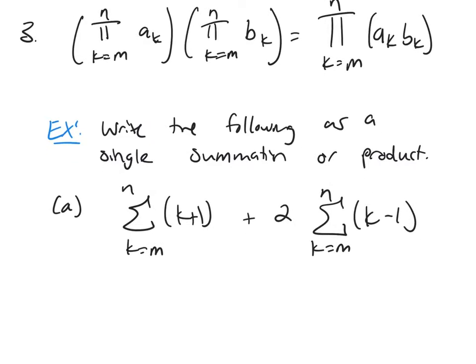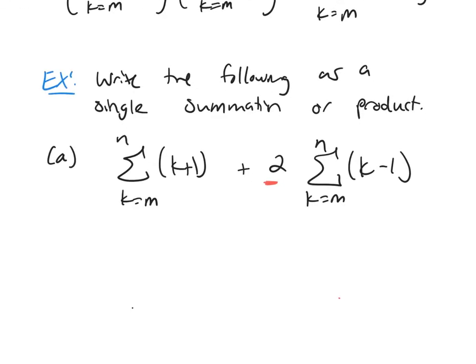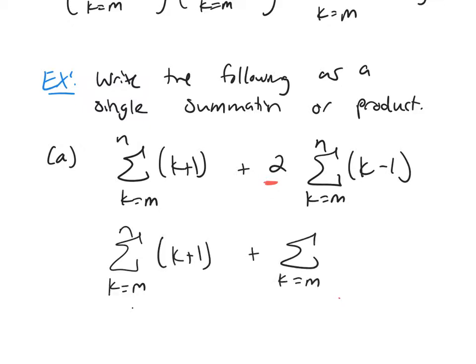So the first thing I'm going to do is I see this coefficient here. Using our second property, we can pull that coefficient in to the inside, 2 times k minus 1.